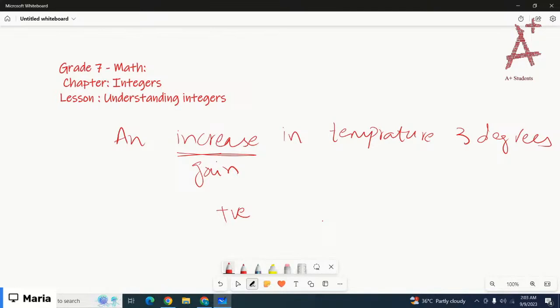The basic definition of the integer, you can note down this. The integers are positive and negative numbers. You can note down the definition of the integers. I'm going to write it on the board. Then we'll discuss increase or decrease.